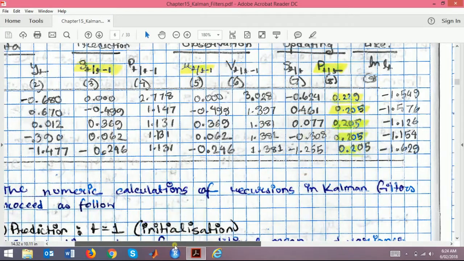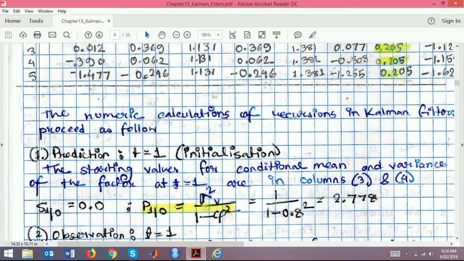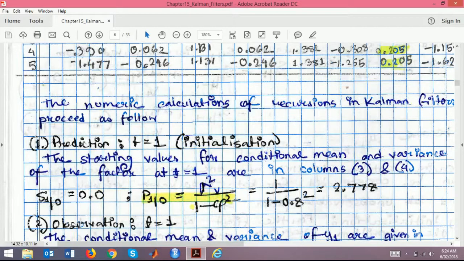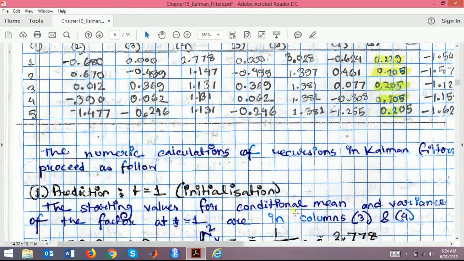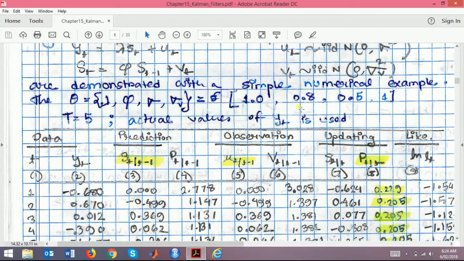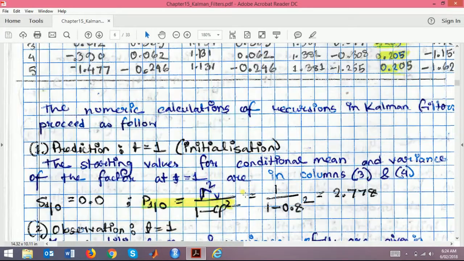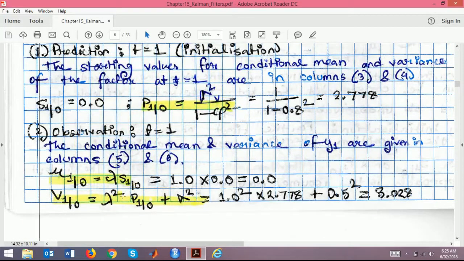The numeric calculations of recursions in the Kalman filter proceed as follows. First we do initialization: for t equals 1 we set S10 to 0, and P10 is sigma square v divided by 1 minus phi square, if phi is given to us, right? So 0.8. Then observation: mu10 equals lambda S10, V10 is lambda square P10 plus sigma square, right?